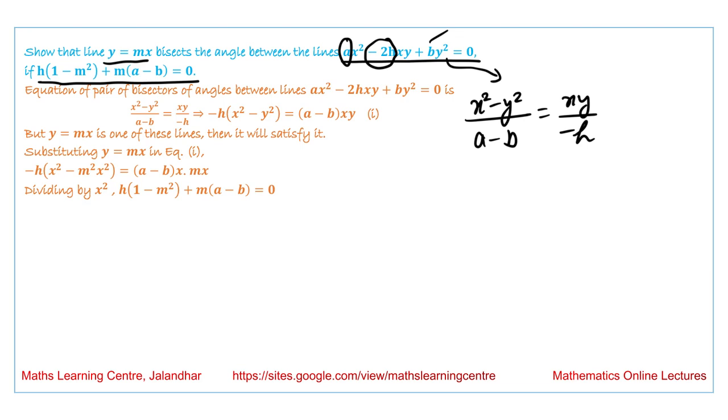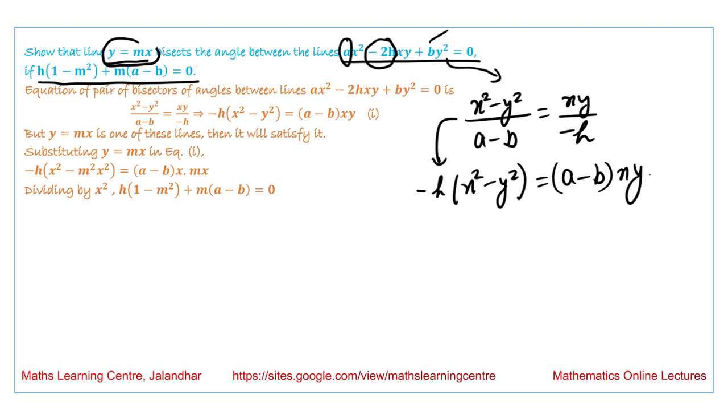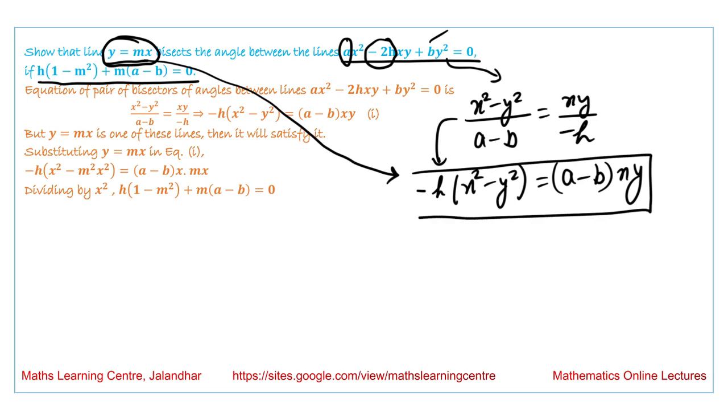Writing this equation in this form, we obtain minus h into (x square minus y square) is equal to (a minus b) into xy. Now it is given that the line y is equal to mx is one of the angle bisectors. It means that this line should satisfy this result. We are saying that this is the combined equation of two lines, one of which is this line.